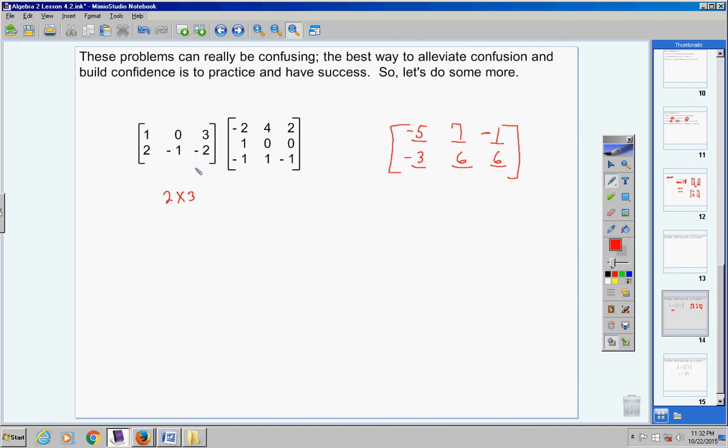Hit second quit. So you should have a blank screen. Now hit second matrix again, and then go over to edit, and then go down to matrix B and hit enter. Let me say it again. You want to hit second matrix, then go over to edit, then go down to matrix B and hit enter.